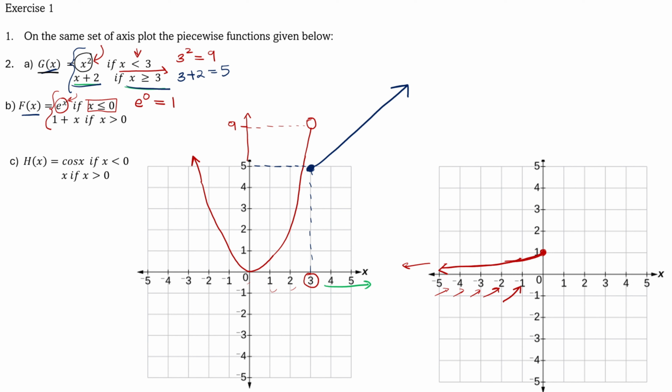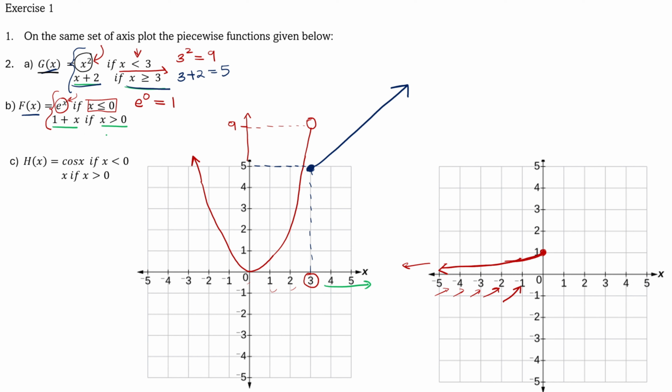I'm not going to continue and draw it for the rest of the Cartesian plane, because I only use the first equation if x is less or equal to 0 and not otherwise. And then my function f of x is given by 1 plus x if x is greater than 0. So now we are going to change our equation from e to the power x to 1 plus x, because now we have reached 0.